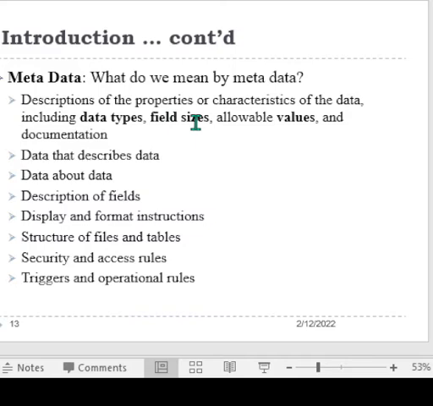For example, if you want to write some characters, we put 10 characters, 20 characters, or 30 characters. It means that we allow only 30 characters for that specific purpose, and also allowed values or documentation. So data about data, description of the field, display or formal instruction, structure of a file and a table, security and access rules, triggering and operational rules are also what we call metadata.